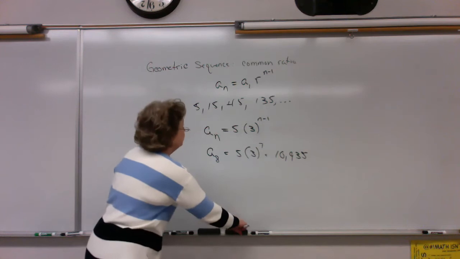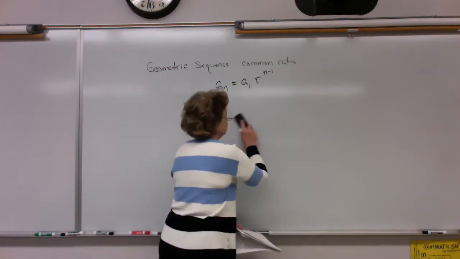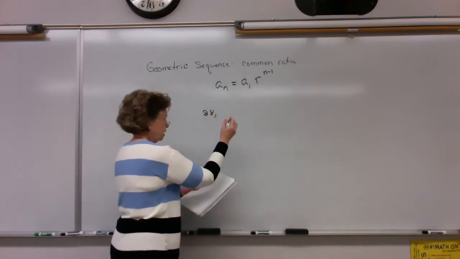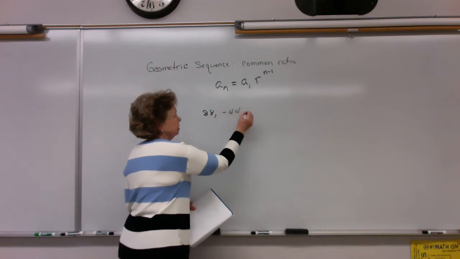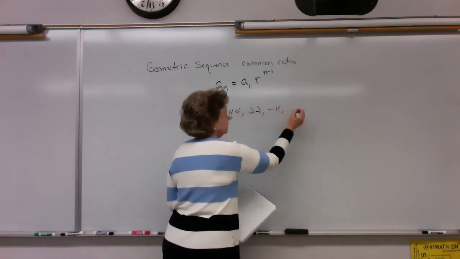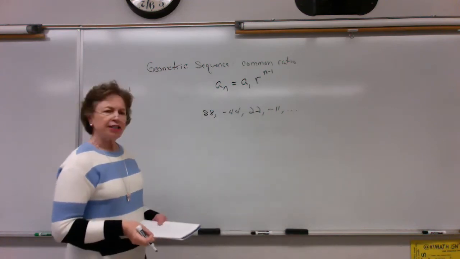Looking at example B, this is still on that same page, still example 2. In the B example, they gave 88, negative 44, positive 22, negative 11 and said, write the rule. So is it geometric?